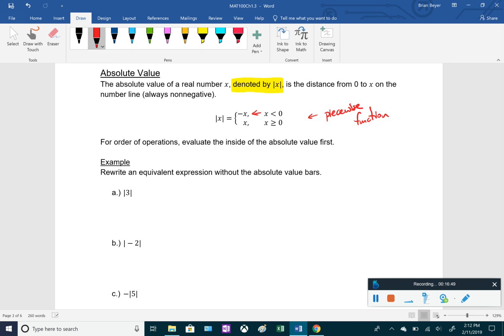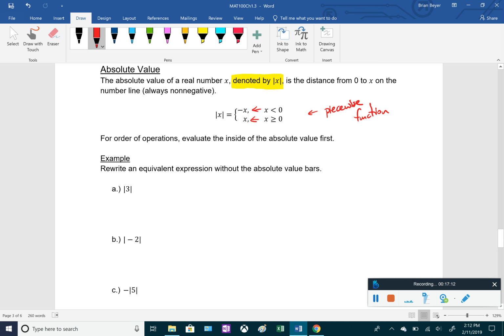If it's equal to negative x and x is negative, that makes it positive. I know it looks confusing, but all it's doing is making the value positive. If x is greater than or equal to 0, it's equal to x itself. So if it's positive, it just stays positive. It looks confusing, but that's the technical definition.